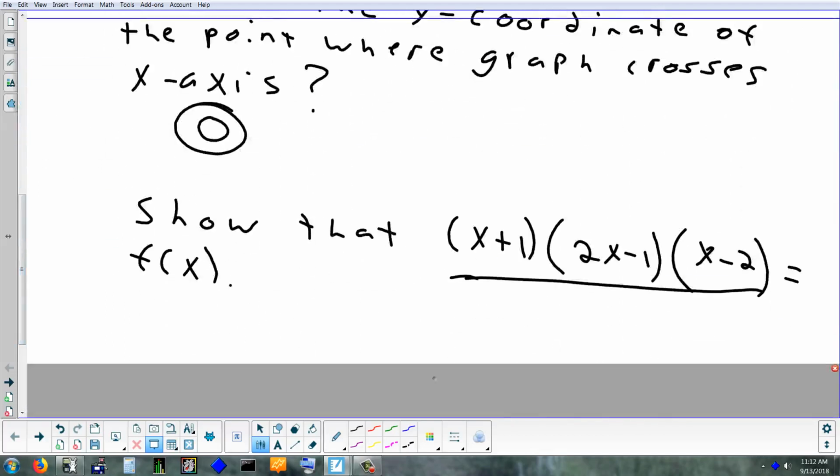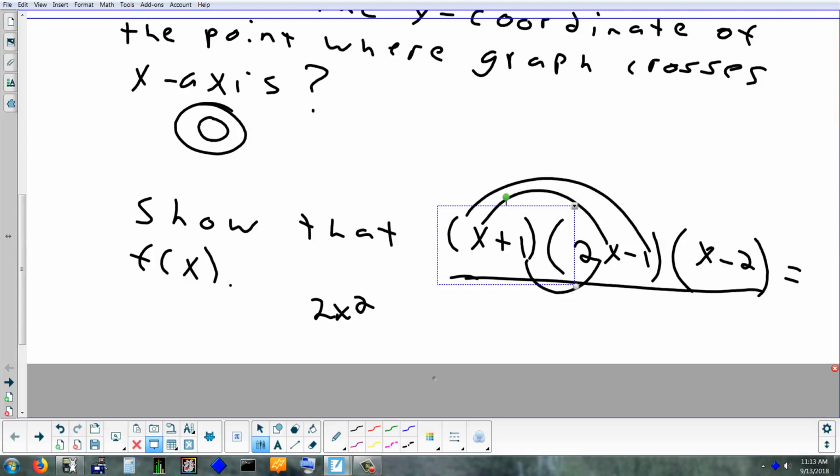All right, so if we FOIL it out, the first one we get 2x squared minus x plus 2x. What's minus x plus 2x? So we did 2x squared minus x plus 2x.